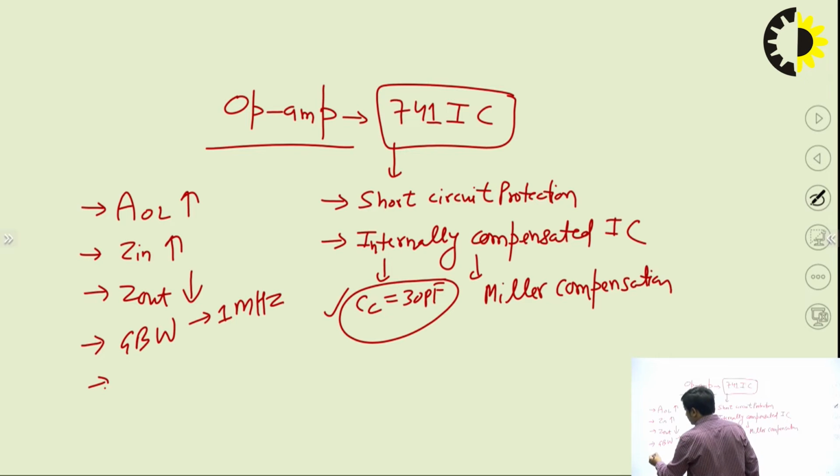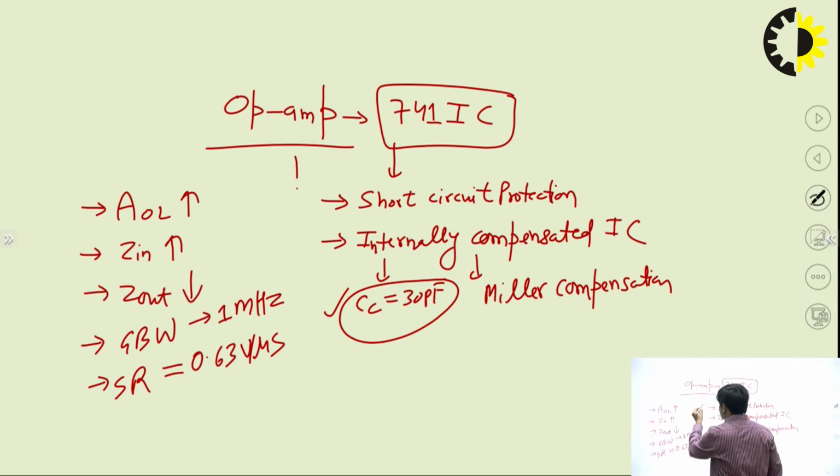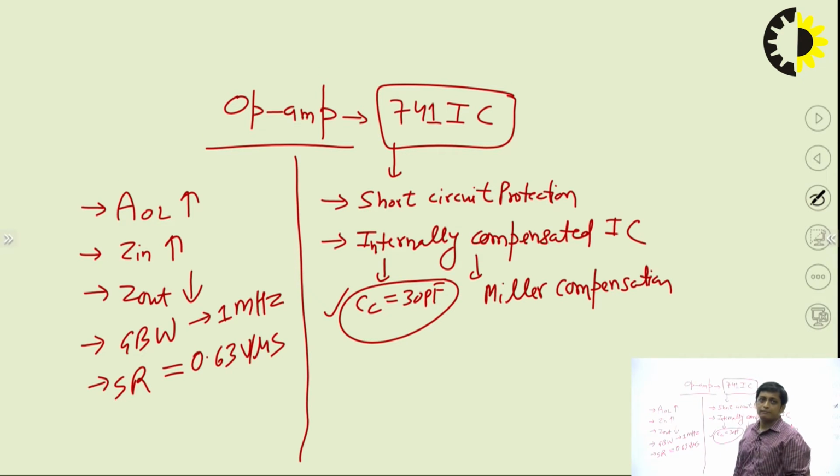As far as slew rate is concerned, it is a concern for 741 IC. The slew rate of 741 IC is less, around 0.63 volt per microsecond. For an ideal op-amp, the slew rate should be infinite, and obviously we want the slew rate to be high for any circuit.